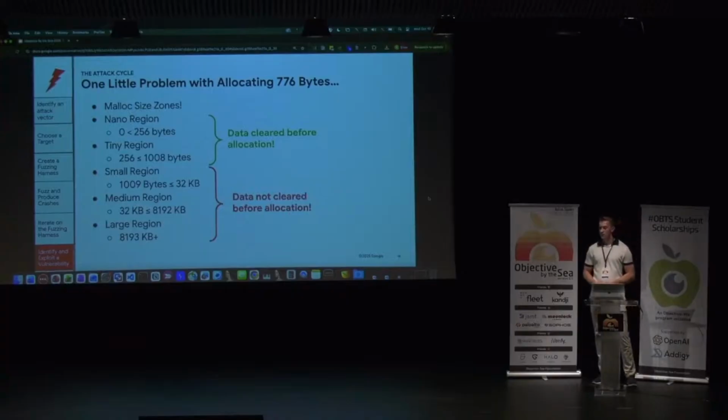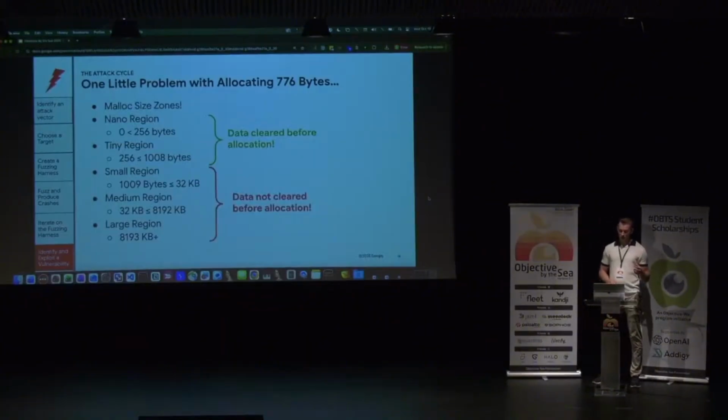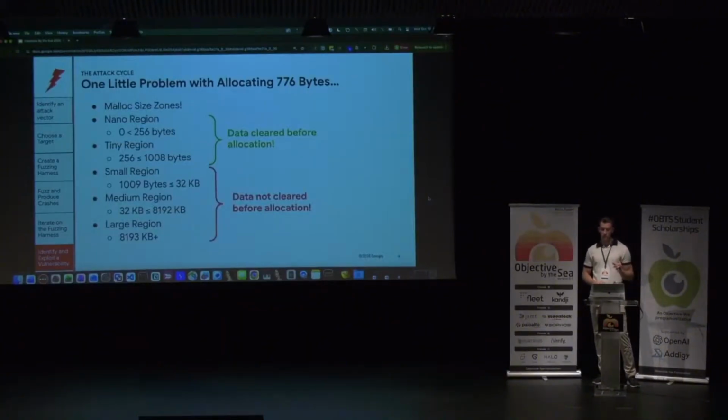One of the things with the nano and tiny region is that calloc will be called, so it's going to zero out the memory during the allocation. That doesn't happen for small, medium, and large, but unfortunately for me in this case, it did. So even if it was using uninitialized memory, it would get cleared before the new object was instantiated.